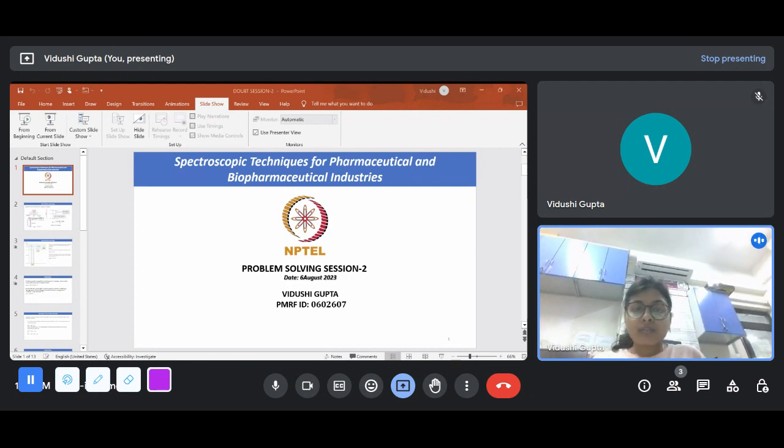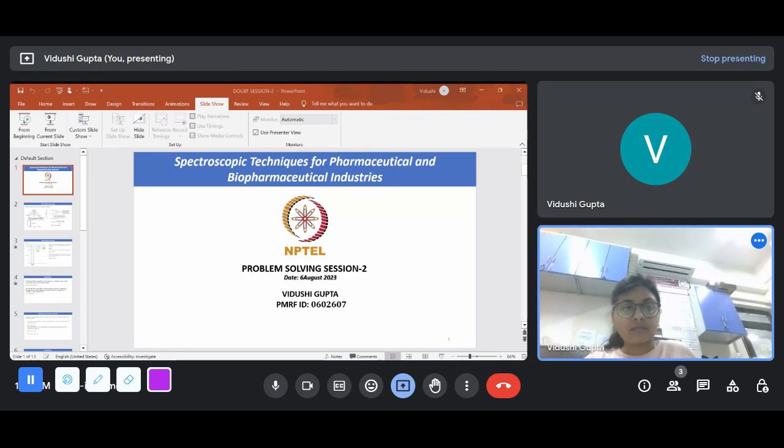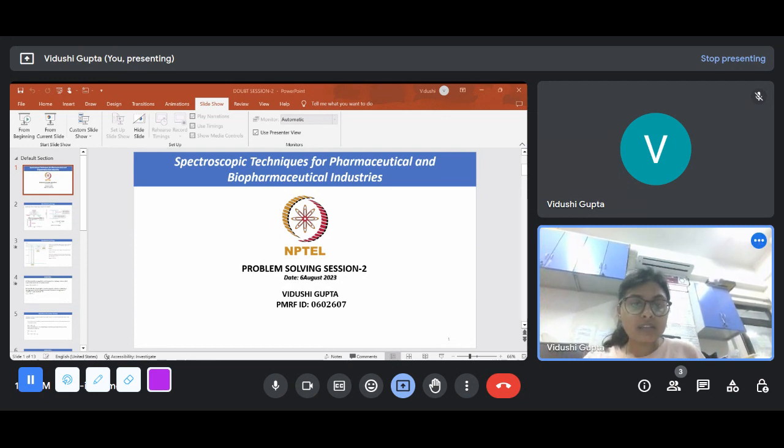Moving to the next question, what is the ground state energy of the hydrogen atom? The answer will be 13.6 electron volt. How do we calculate it? We have already discussed.